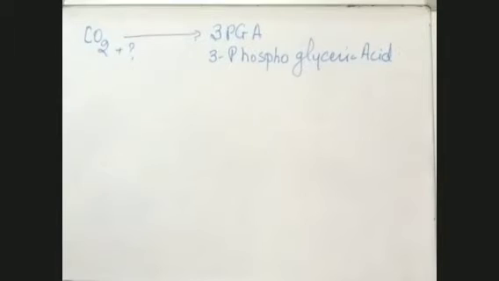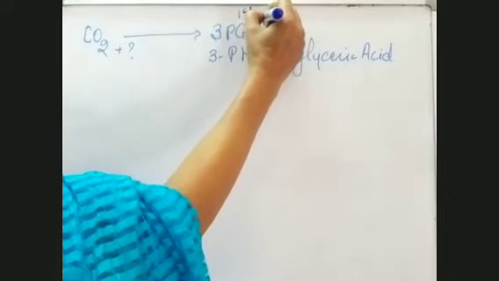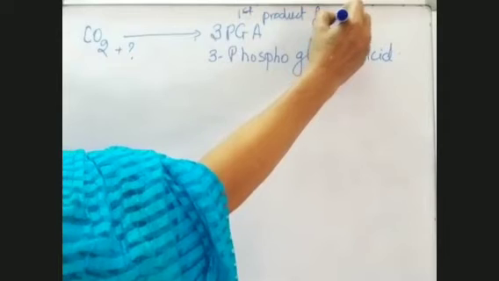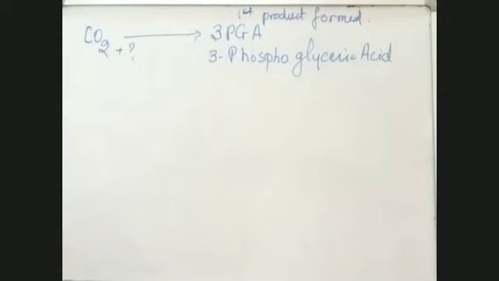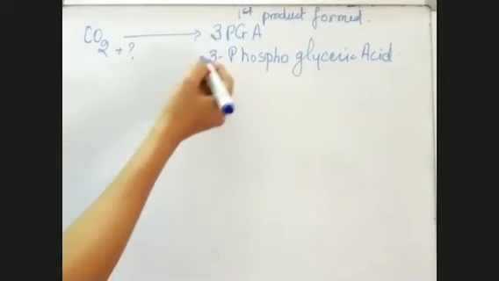What he found out was that as a result of CO2 fixation, the first product formed is 3-PGA, or 3-phosphoglyceric acid. This first product was a 3-carbon sugar, as the name indicates.